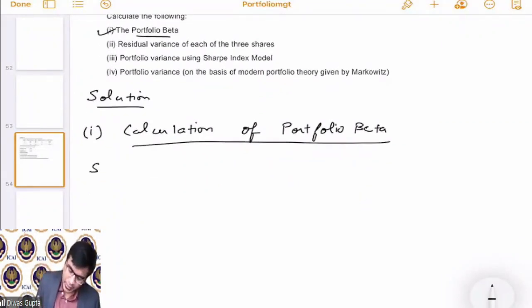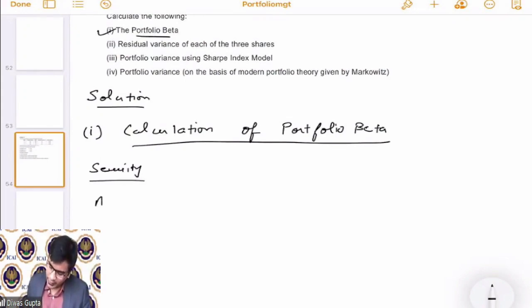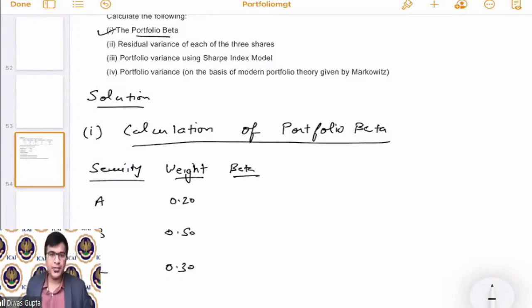So let me plot security A, B and C. Similarly, the weight is given to us in the question itself, 0.20, 0.50 and 0.30. Beta is also given to us in the question itself for the respective securities, 0.40, 0.50 and 1.10.